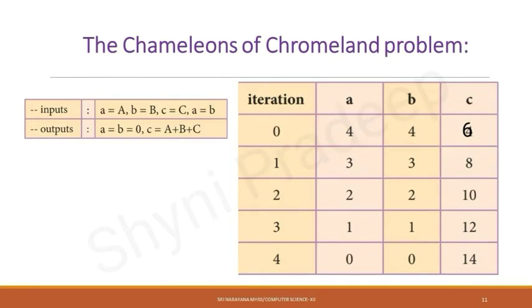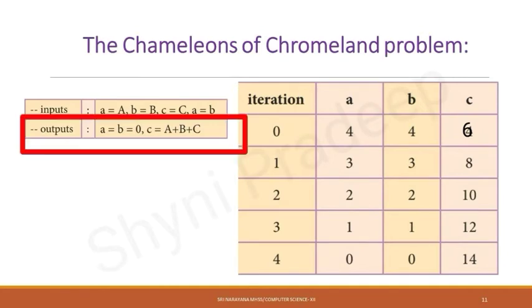Here the output is what? All the chameleons should be the same color at the end. So you have to write the output property: a is equal to 0, b is equal to 0, and c is equal to A plus B plus C, which means C is equal to uppercase A plus uppercase B plus uppercase C. So at the end, all the A-type chameleons become 0 and all the B-type chameleons become 0.